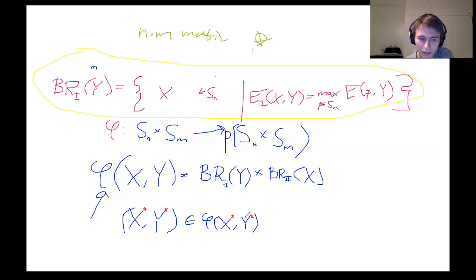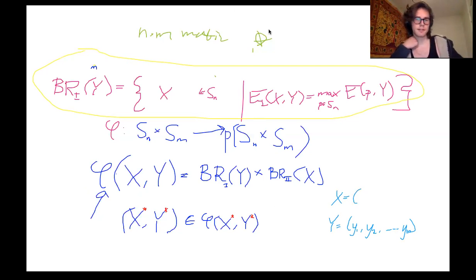And that has to be a best response of y, or is y the matrix of, is it all strategies, sorry? Is it a set of strategies? No, y is a strategy. So then is it necessary for you to say that it's only for y, or is it for all y? For any x and y that satisfies this condition, that particular x and y is a Nash equilibrium.